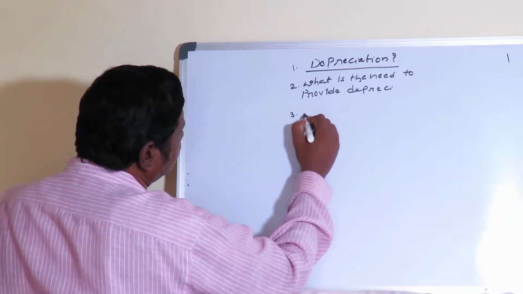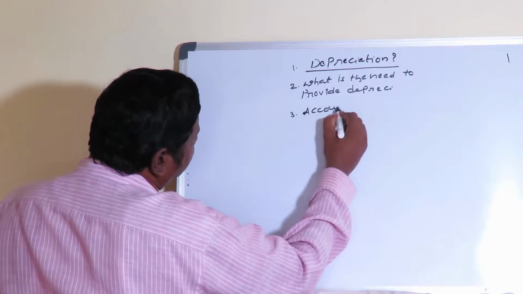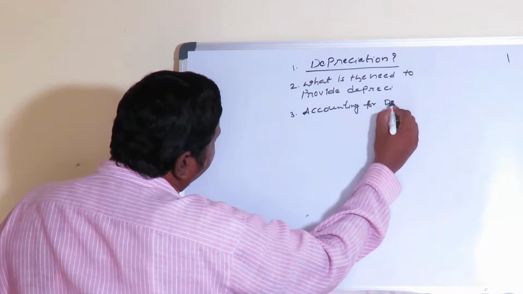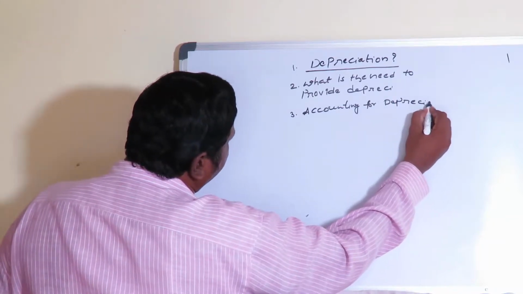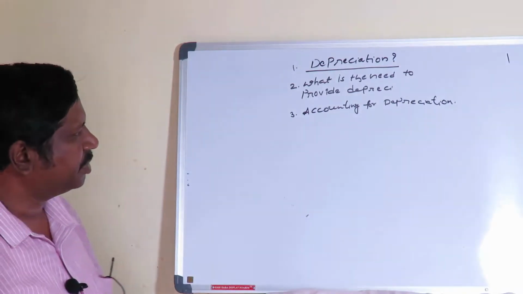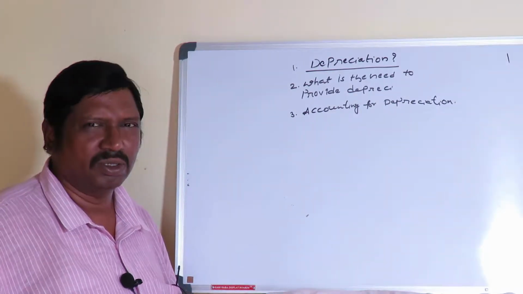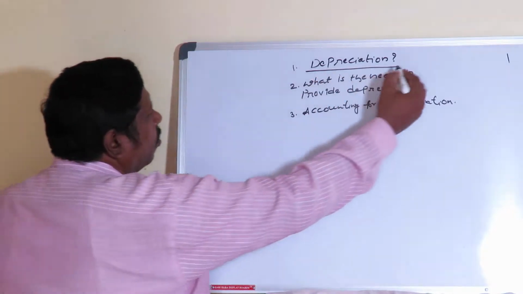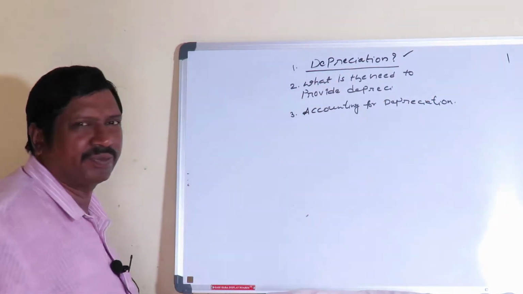Number three, accounting for depreciation. Good. Now first of all we will see what depreciation means.